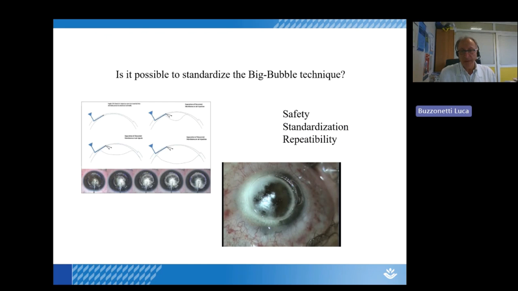We know that the big bubble technique actually represents the standard for DALK procedure, but safety, standardization, and repeatability represent the main problem for this surgery.